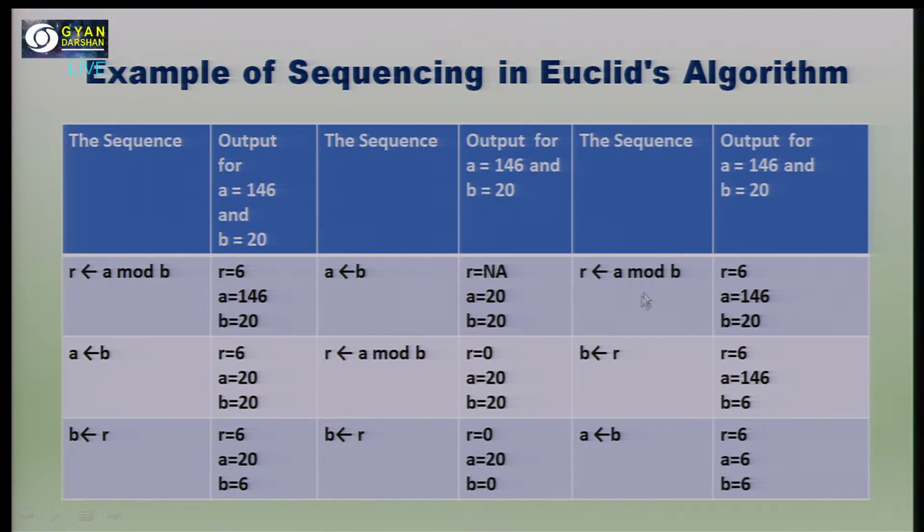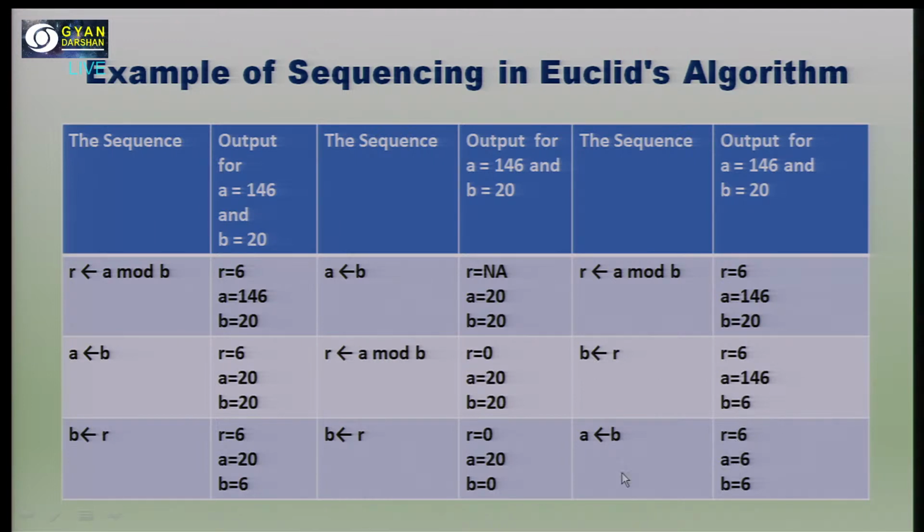Now, in the third case, we still start with the same first step, but just interchange these two steps. That is, the value of B is assigned R first, and then later on, the value of A is assigned B. Now, in this case, what do you get? The value of R was 6, right? It was computed in the first step. Value of A was 146. So the value of R was assigned to B, which was 20, so it becomes 6.